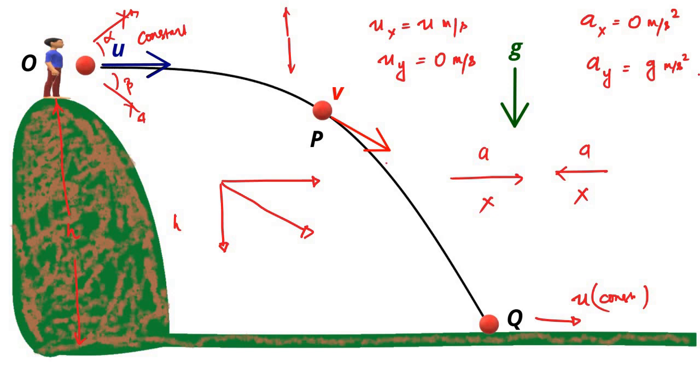The downward acting g enhances the vertical component of velocity of the projectile. That is the Vy component, the component of the velocity along the y-axis.